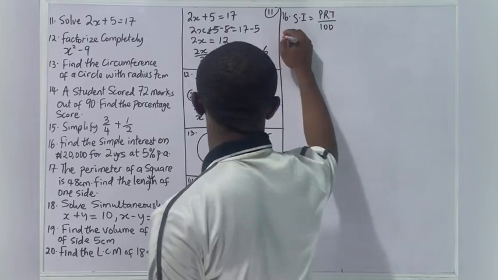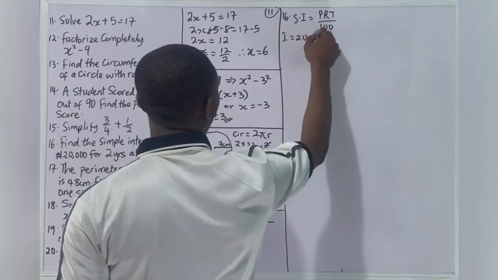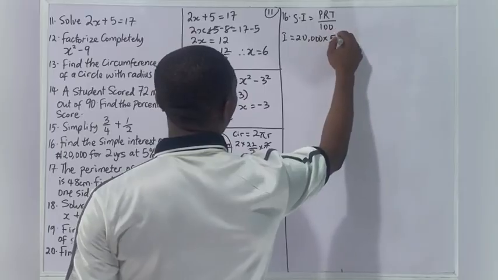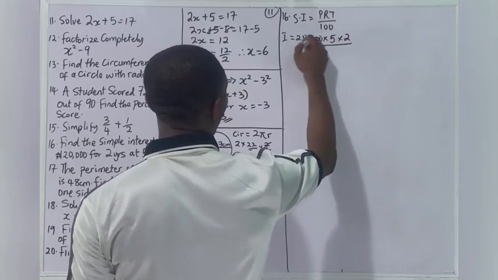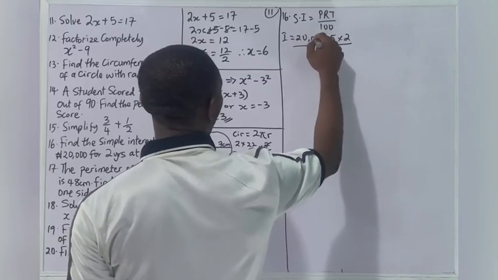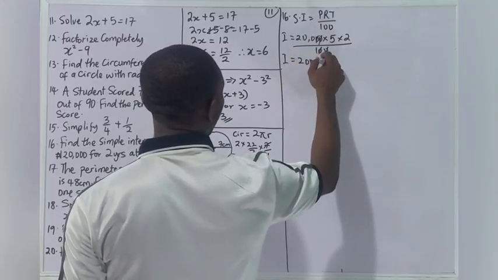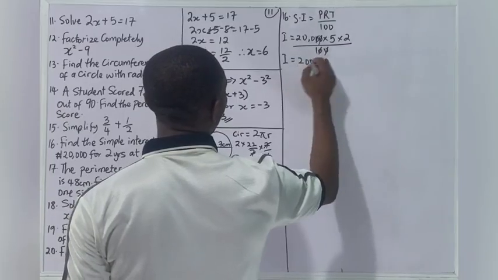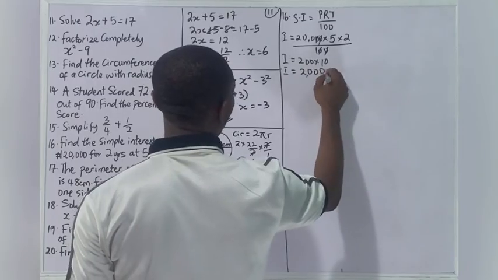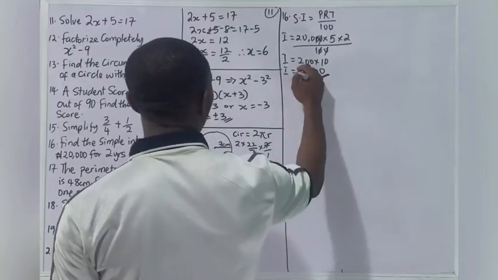In this case, our interest would be principal is 20,000 times rate is 5 times time is 2, all over 100. So 0 cancels 0, leaving us with 200 times 10, which gives us 2,000. So the interest is 2,000 naira.